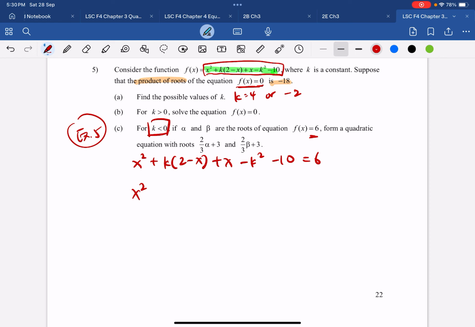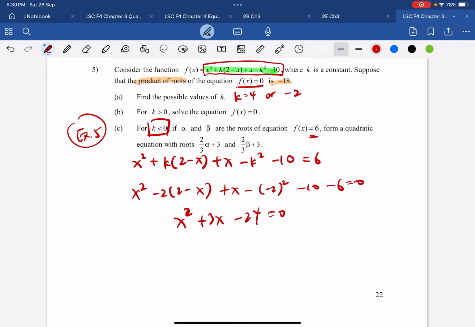So like this. Okay, after simplification, you would have something like this: x squared plus 3x minus 24 equals 0. I did it already, so I skipped the steps.